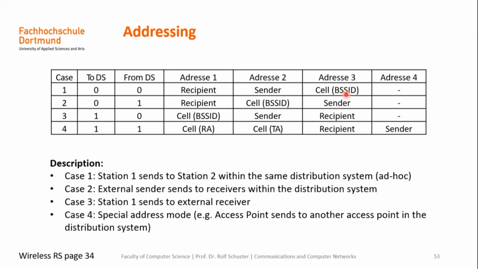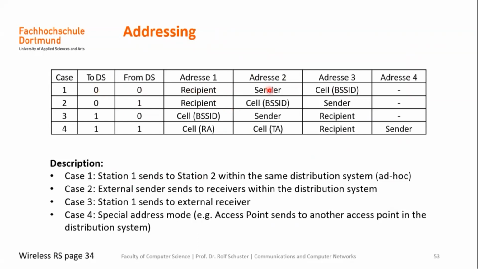And then, for instance, in case 1, when a frame is sent from a station to another station, that is not a frame sent to or received from an access point, typically in the case of ad hoc mode, in address 1, we specify the recipient MAC address.